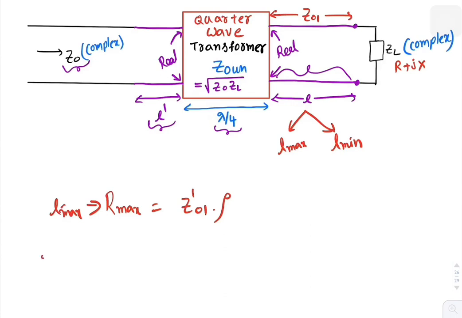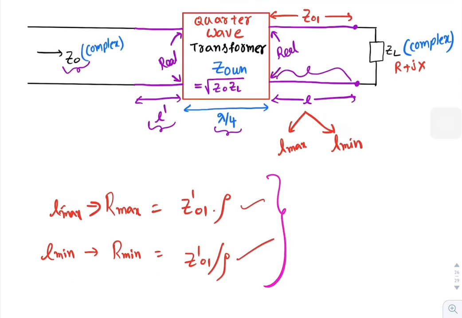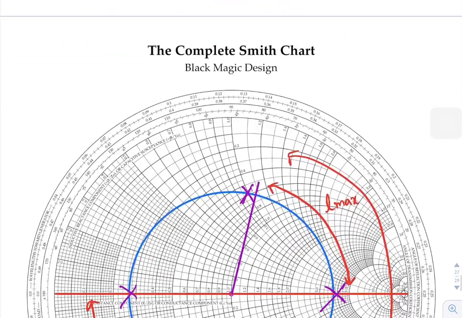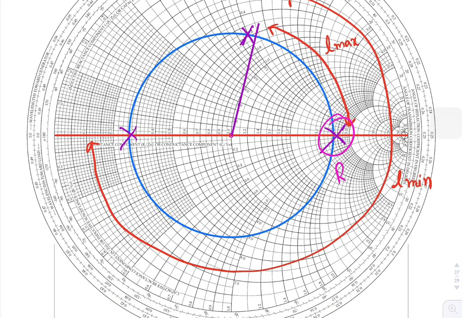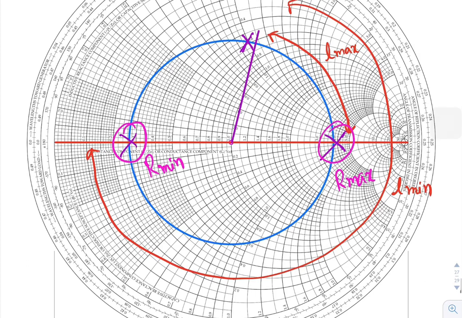Similarly, if you consider the length of the transmission line as L minimum, then R minimum value at the end of this transmission line is equal to ZO dash, characteristic impedance of the transmission line, by rho. These two values correspond to R max, which is available here, and R minimum, which is available here, and the corresponding lengths are L max and L minimum.